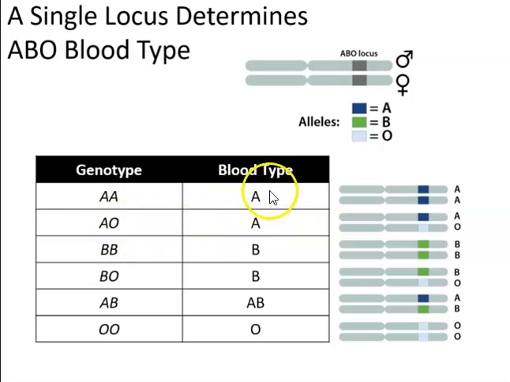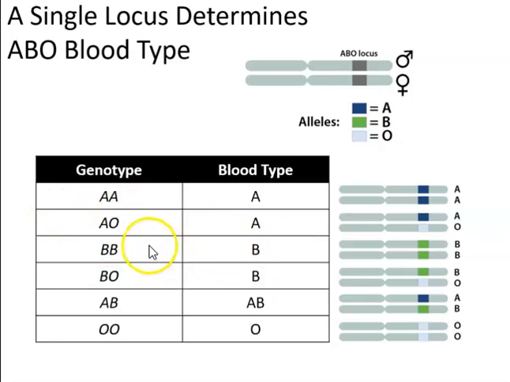So for example, if you have type A blood, you can either have a genotype of A allele coming from mom and A allele coming from dad, or the genotype AO. Okay, so one allele coming from mom, one allele coming from dad. For type B, the same.